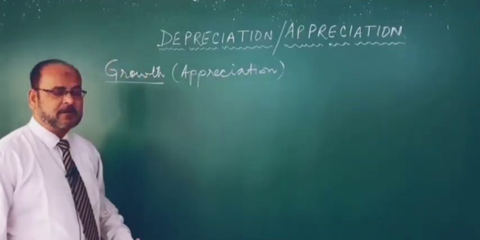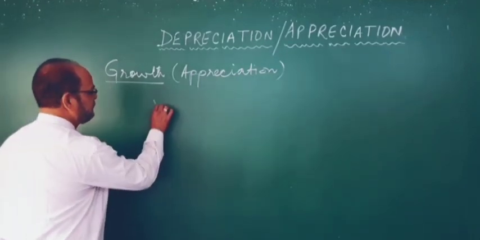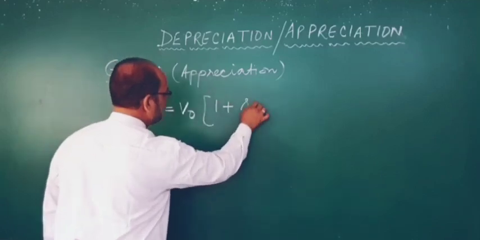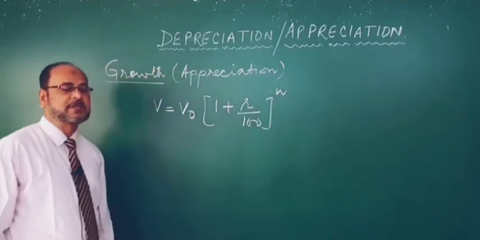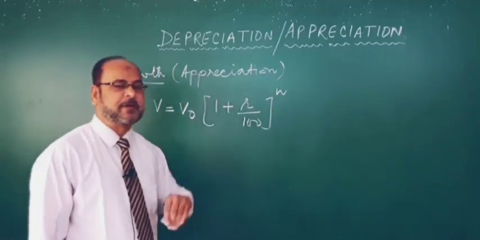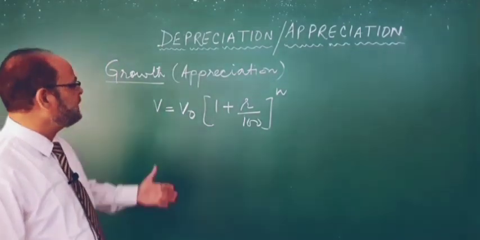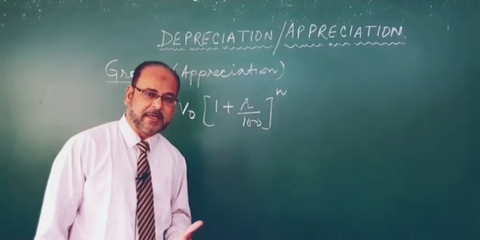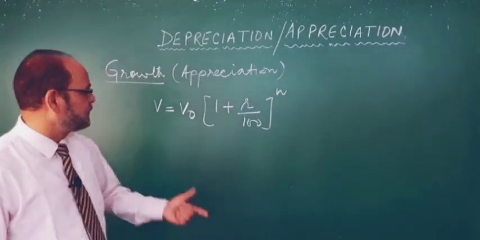So the formula which we use to find growth is V equals V0 (1 plus R upon 100) to the power n. This is the formula we use to find the value of any quantity after a certain period of time if its growth rate is given.